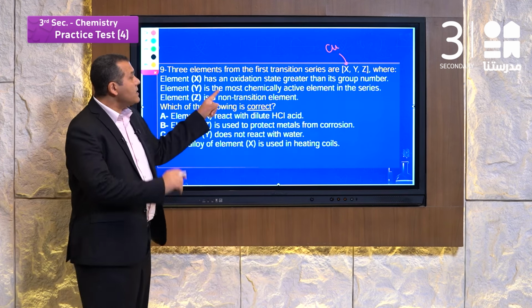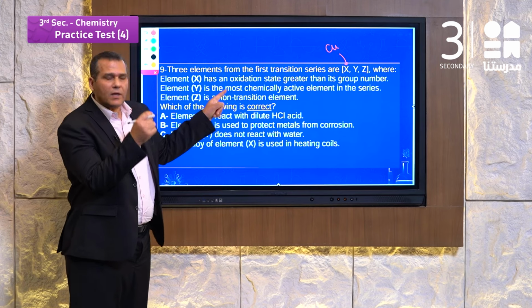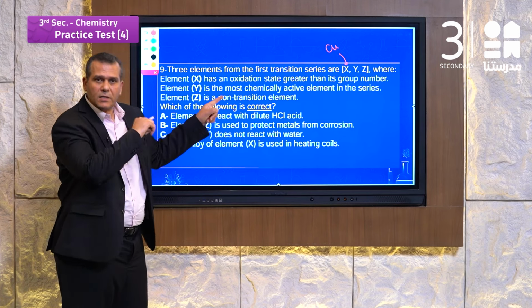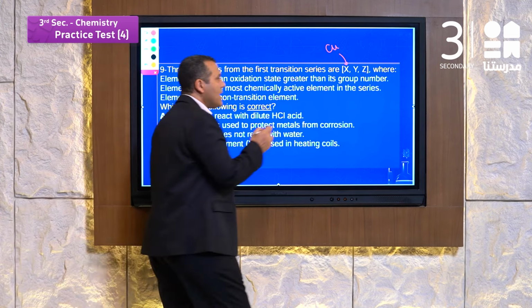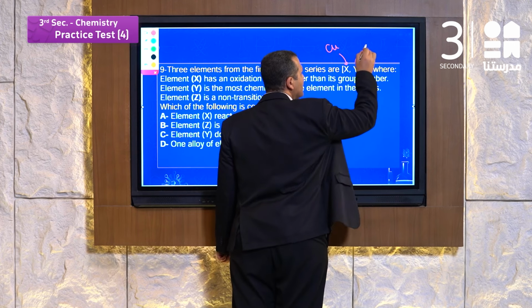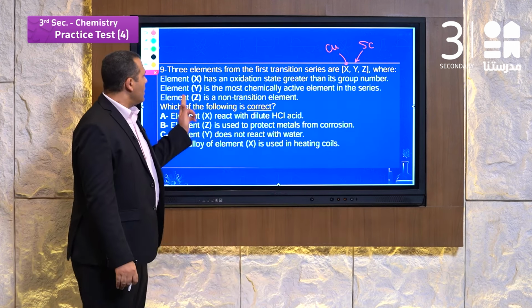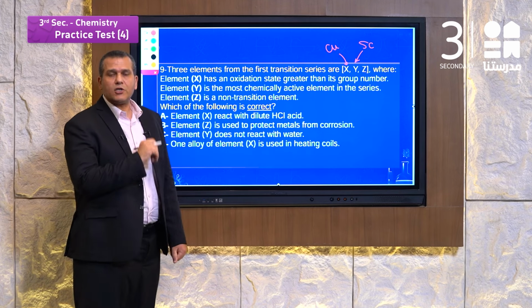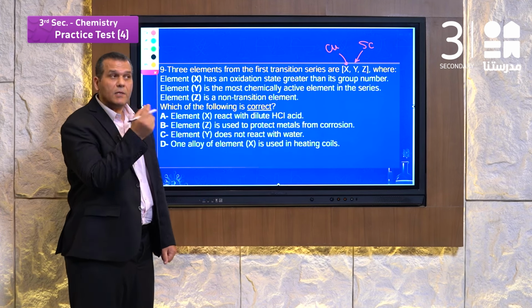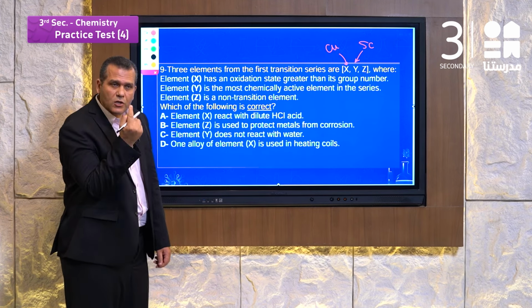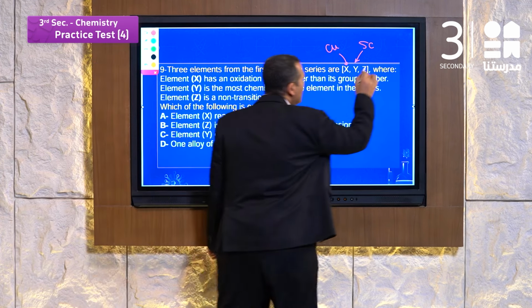Element Y is the most chemically active element in its series, the first transition series. Which is the most active element in the first transition series? Scandium. Element Z is a non-transition element belonging to the first transition series. We all know of course it is? Zinc.